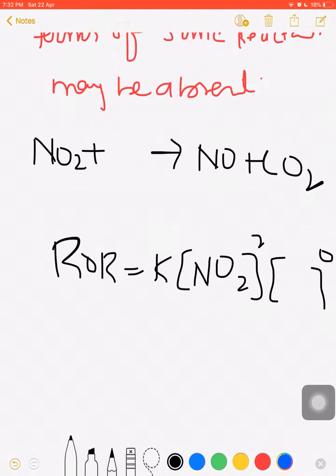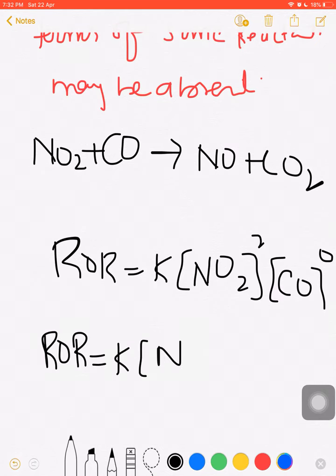It is basically CO here, and as you can see, its order is 0. So we can write that the rate of reaction is equal to K[NO2]^2. As you can see, in this rate of reaction we didn't include the carbon monoxide. It means that in some reactions, in rate law, concentration terms of some reactants may be absent.